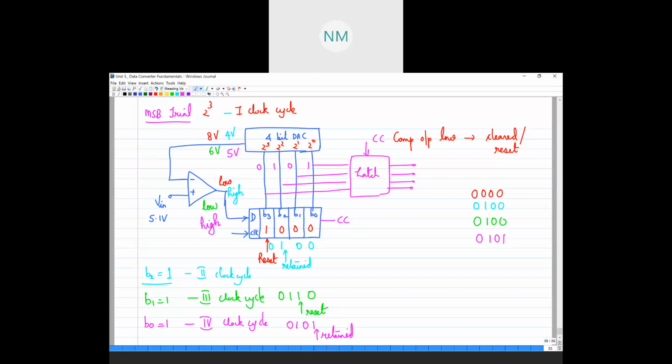They will try out each bit in a successive approximation register and decide whether to retain or clear that bit depending on the output of the comparator. Once all the bits are tried, the CC will be enabled high, and you will get the final output.